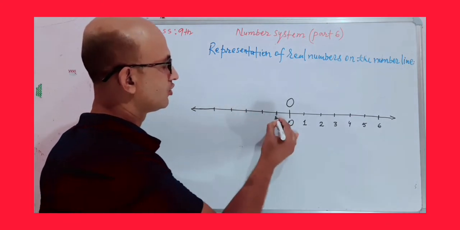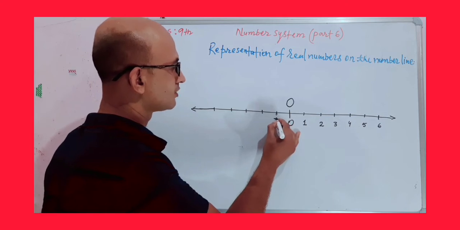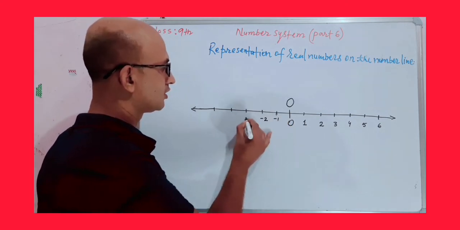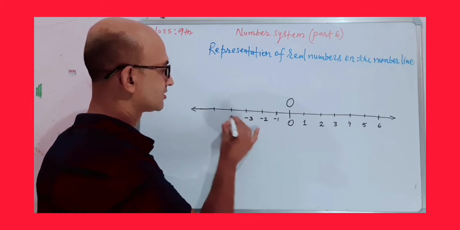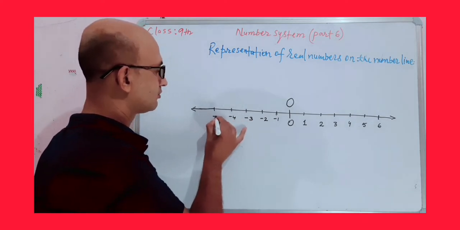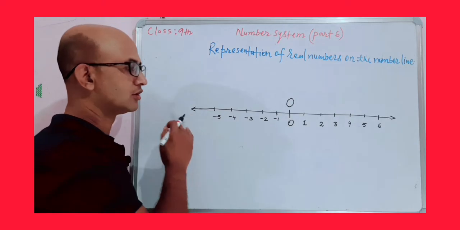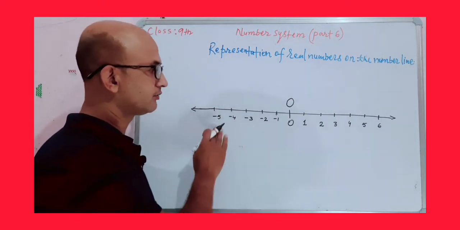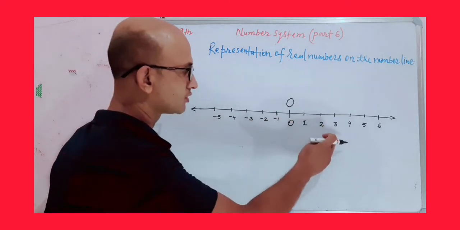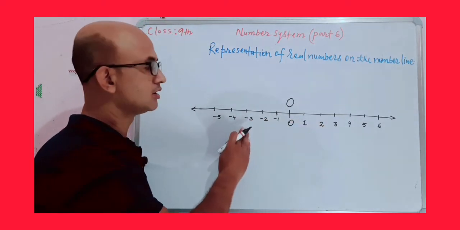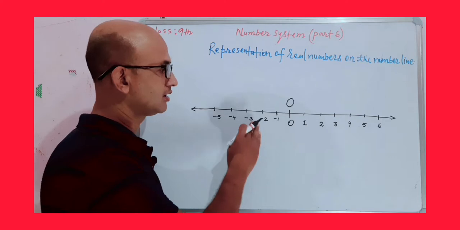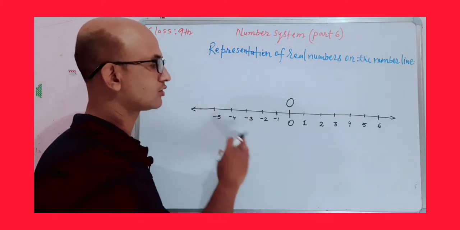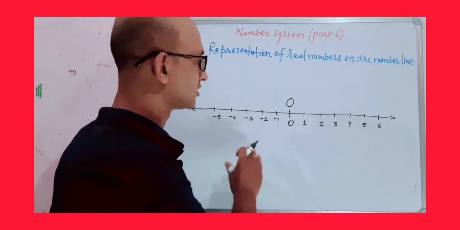In this way, we get the numbers -1, -2, -3, -4, -5 and so on. These numbers are negatives of natural numbers. They are also called negative integers. And these negative integers are also real numbers.